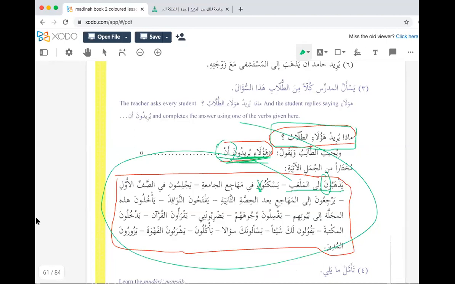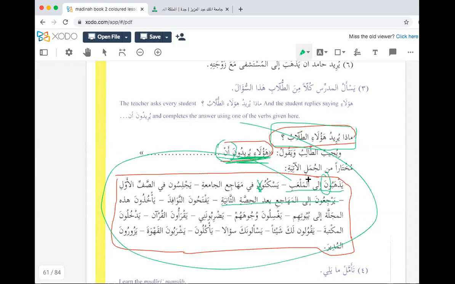Imran, تفضل. ماذا يريد هؤلاء الطلاب؟ هؤلاء يريدون أن يرجعوا إلى المهاجع بعد الحصة الثانية. الحصة الثانية basically means second lesson. الحصة is the period, meaning the lesson, and الثانية is the second lesson.